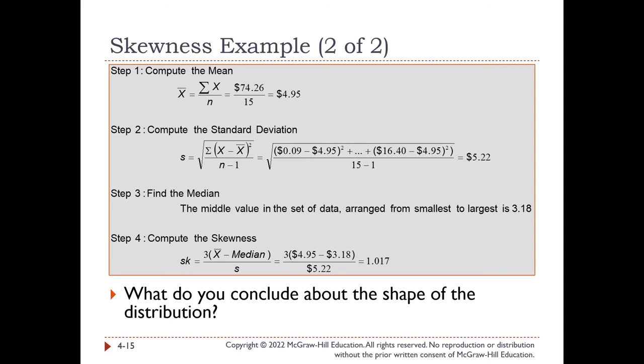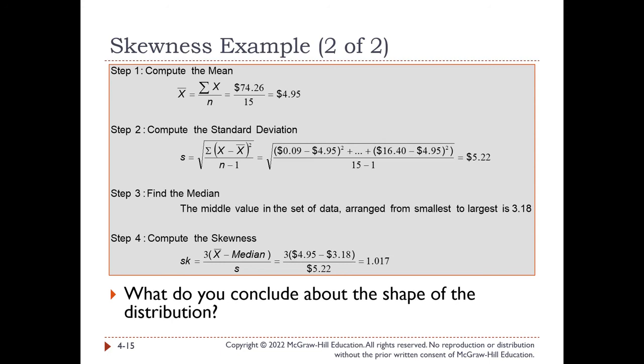Then we compute the standard deviation. Basically, we take each of our numbers, subtract our mean, square them, find the sum, and then since this is a sample, it will be n minus 1. Again, watch out for samples.